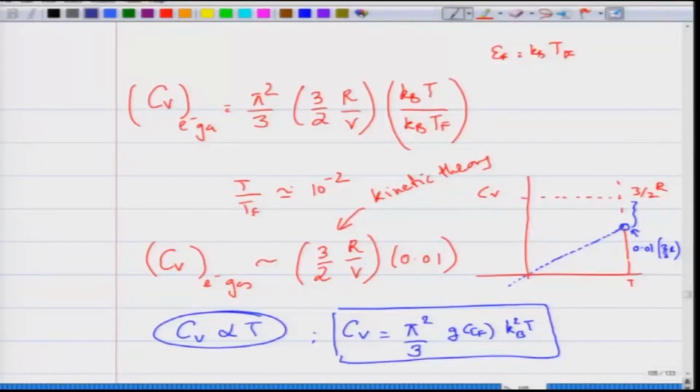In the last lectures we saw that we could calculate the specific heat of the electron gas in a solid using Sommerfeld's model. From that we found that the specific heat of the electron gas is proportional to temperature, where the constant of proportionality is related to the density of states at the Fermi level, because those are the electrons which are really going to contribute to excitations when you apply a temperature and will contribute to the specific heat.